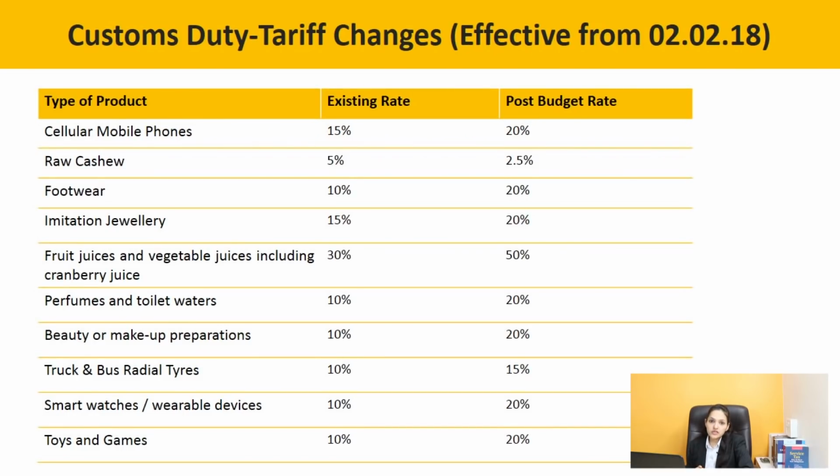These are some of the products on which the customs duty has been increased substantially, like the custom duty on cellular mobile phones has increased from 15% to 20%.